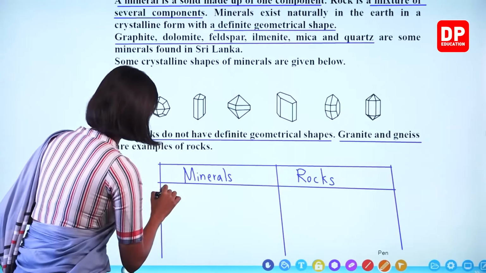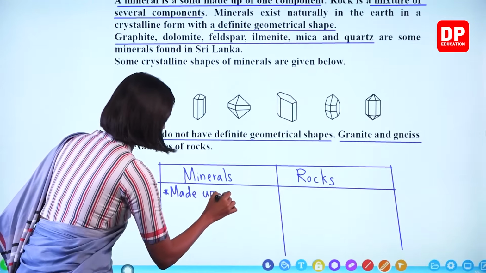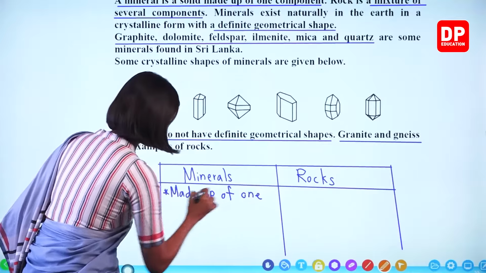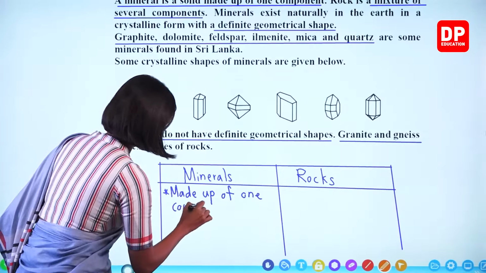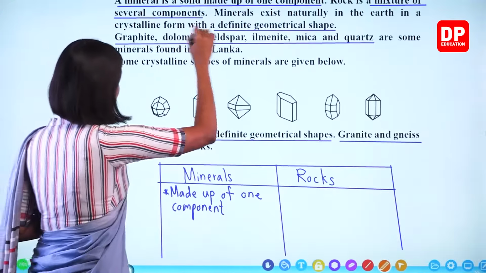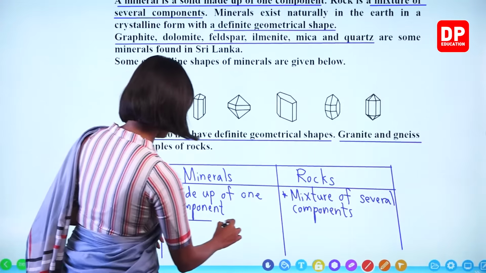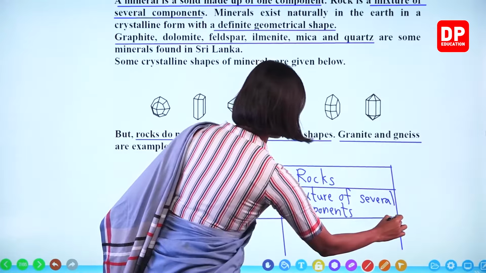We will write briefly. Made up of one component. Okay, rocks, mixture of several components. It's a mixture of several components.